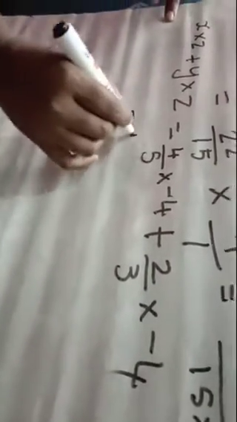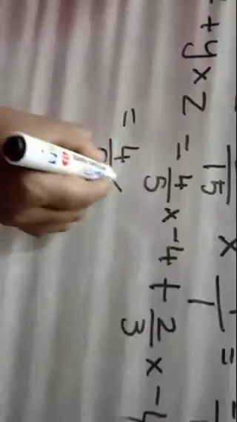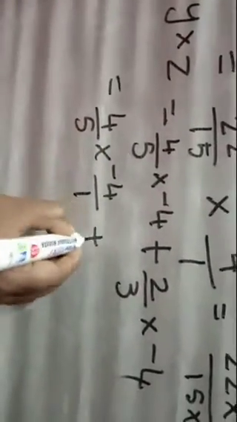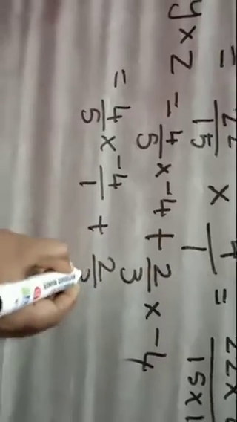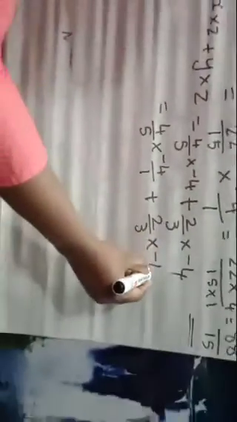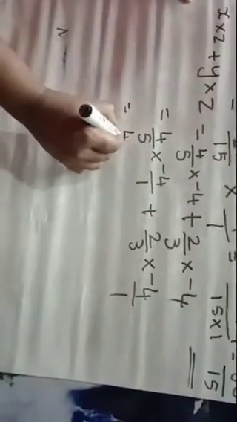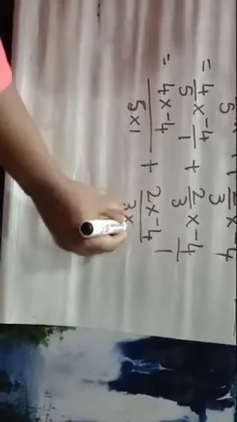Which is equal to 4/5 into negative 4 by 1 plus 2/3 into negative 4 by 1. Just multiply numerator into numerator: 4 into negative 4 by 5 into 1, plus 2 into negative 4 by 3 into 1.